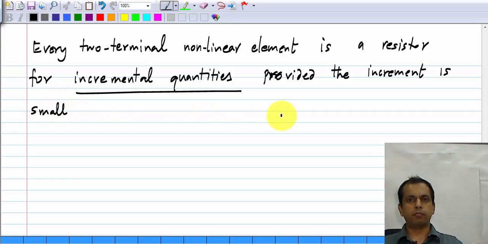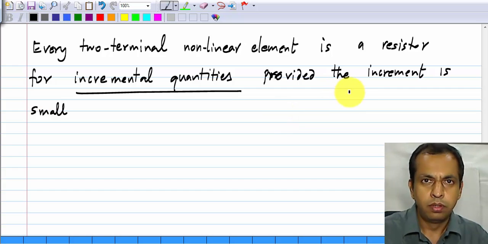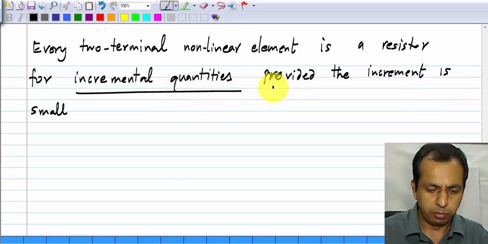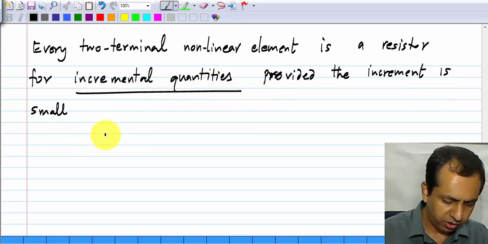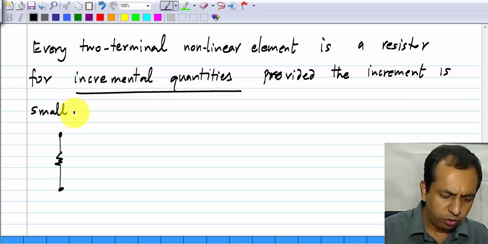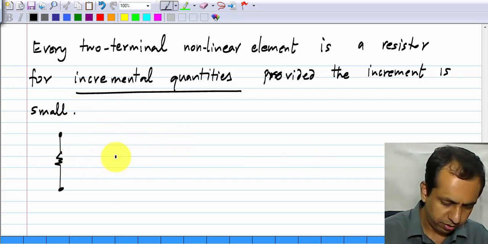Okay. So, it is extremely important to remember that this equivalence is only for the increments, and the value of the resistor depends on the operating point.